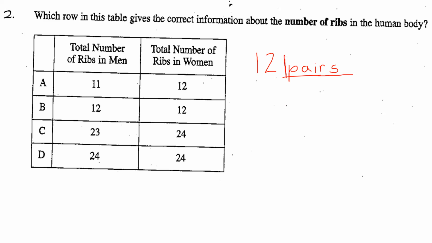You know what a pair is, right? A pair is 2. So that means that in total, each of them has 24. So 12 on one side, 12 on the other side. So it's going to be 24. So D. 12 on each side.